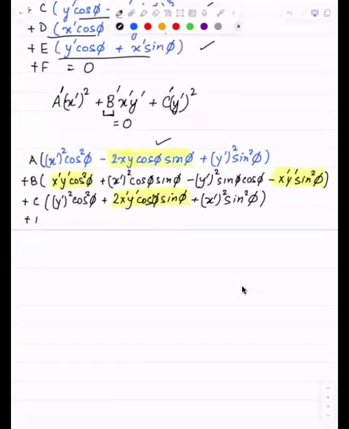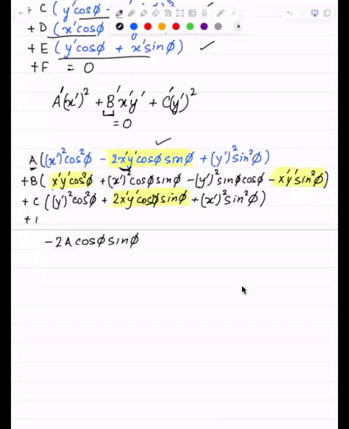Let's now peel off all the x prime y prime terms. What is being multiplied with x prime y prime here? It's minus 2a, don't forget this a is being distributed, cosine phi sine phi.